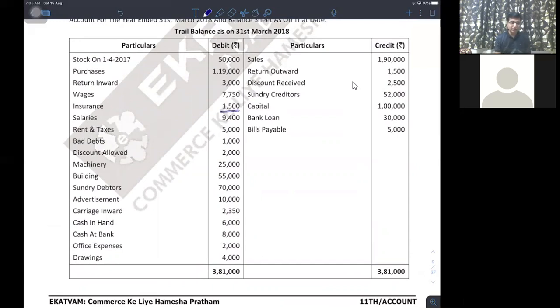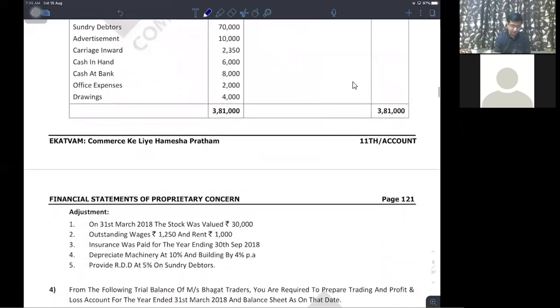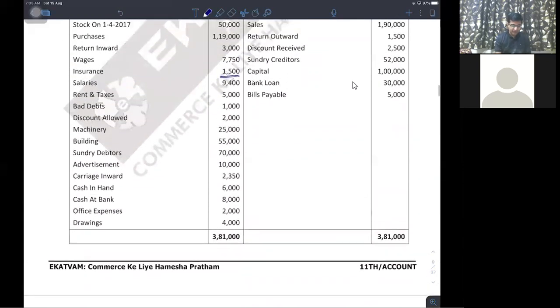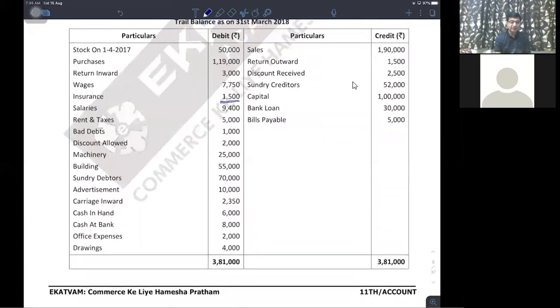If the year is ending on 30th September, that means it must have been paid on 1st of October 2017. So insurance is prepaid to the extent of 750 rupees. Depreciate machinery at 10%, building at 4%, and provide RDD at 5% on debtors. That means this RDD you'll be subtracting from your debtors and will be showing in the P&L account debit side.